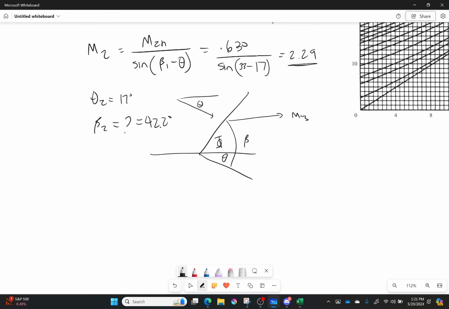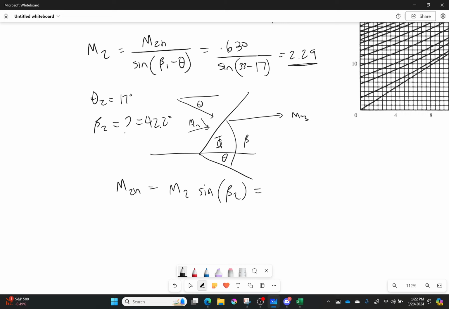Okay, so with that, we have to find our normal Mach number for this second shock wave. Remember, that's not the same as the normal Mach number coming out of my first shock wave. It's different. And so M2n for the second shock wave over here is going to be equal to M2 sine of beta 2.